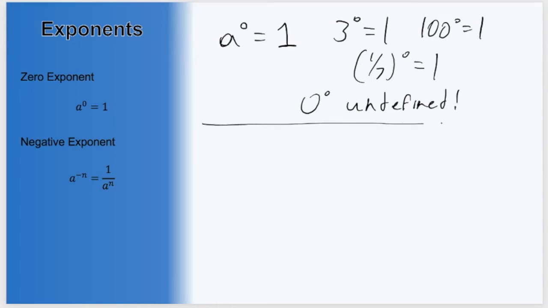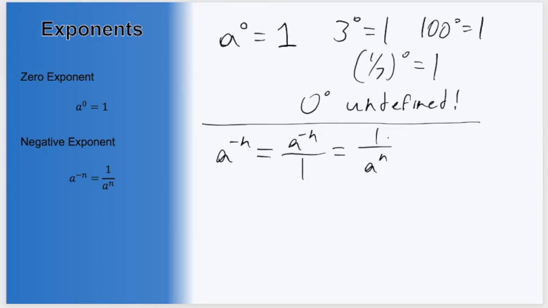Next, we want to understand what happens when we have a negative exponent. Let's say we have some number a raised to the negative n power. Well, a negative exponent simply tells us to take the reciprocal. In other words, this a, which is currently in the numerator, will be moved to the denominator by taking the negative in the exponent and turning it into a positive.